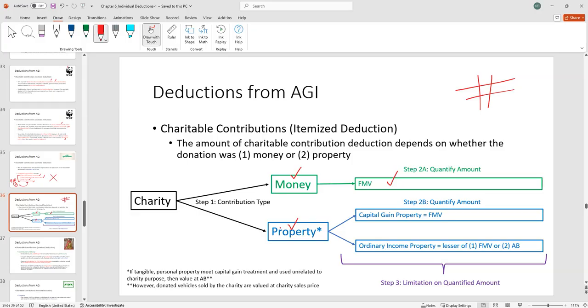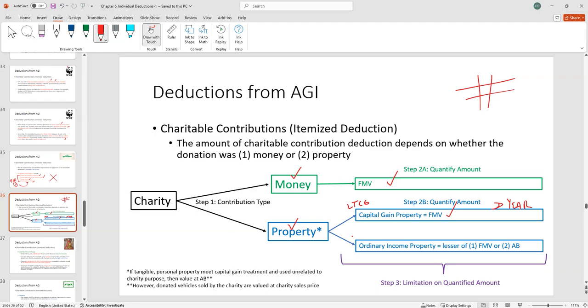something other than money, then we do have a rule set. We basically have to look at that property and say, if we were to sell this property today, would it generate a long-term capital gain, i.e., we've held it for more than a year. If so, then the general rule is we're going to use the fair market value of that.